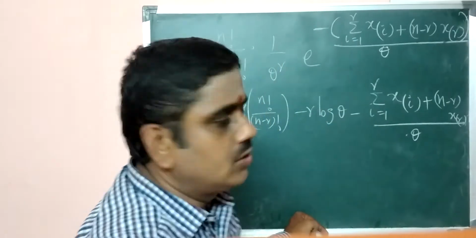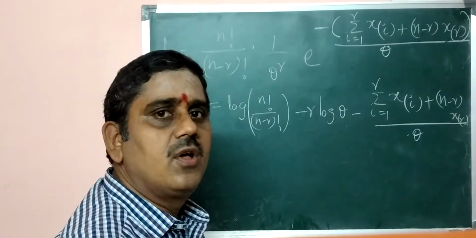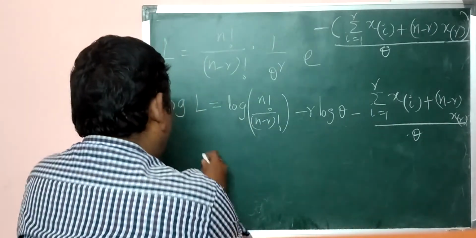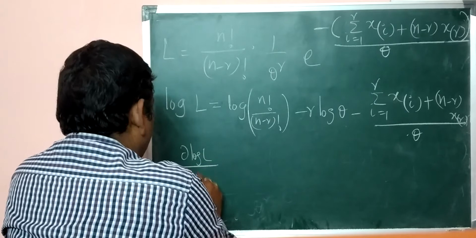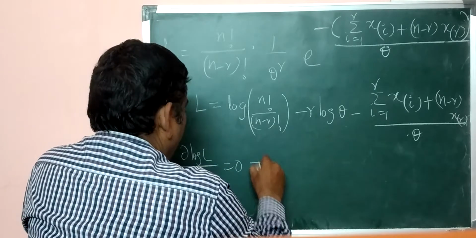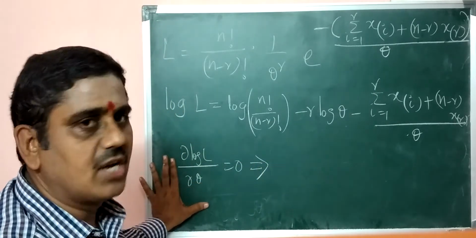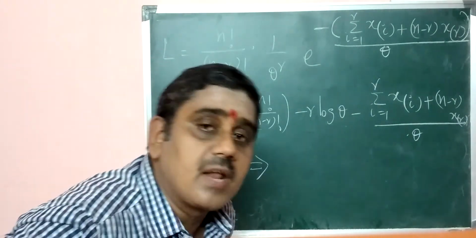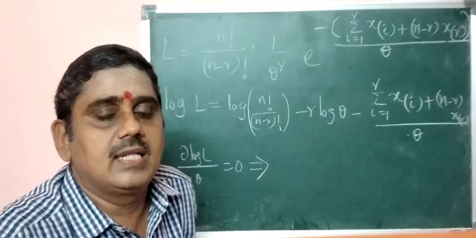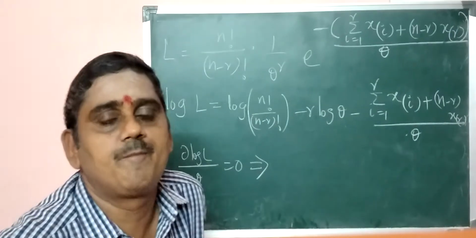Okay, this is log L. Now we have to equate in the method of MLE: dou log L by dou theta must be equal to 0, and you have to get the value of the parameter theta, the estimation of the parameter theta.